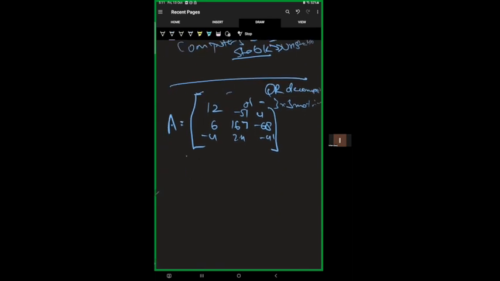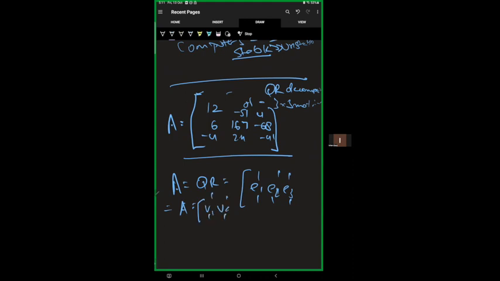Here, since we know that when we calculate A is equal to QR, we should get a set of 3 normal vectors, E1, E2, and E3, where A is equal to V1, V2, and V3. Right, so this is our Q, and our R is, wait, let me make this in a separate place.